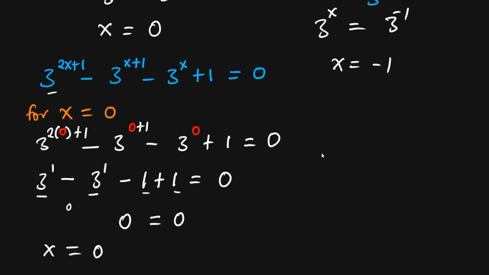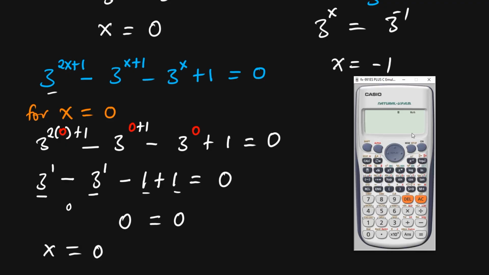So let's feed in the left hand side of the problem into the calculator. So we have a calculator. We have 3 to power 2 alpha x plus 1, minus 3 to power alpha x plus 1, minus 3 to power alpha x, plus 1.